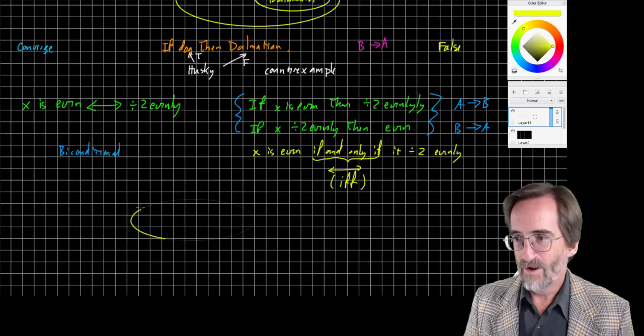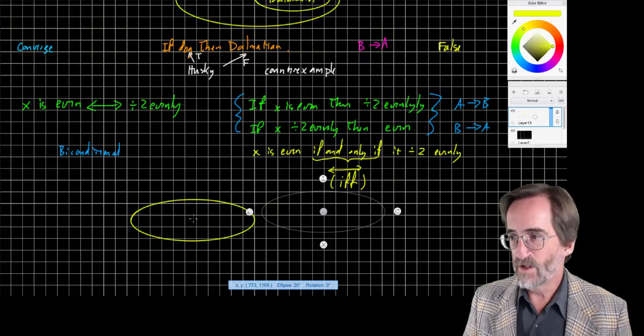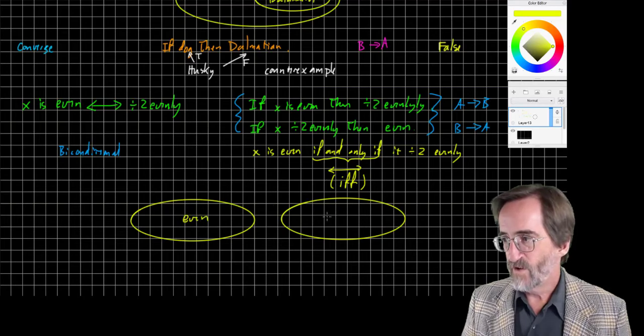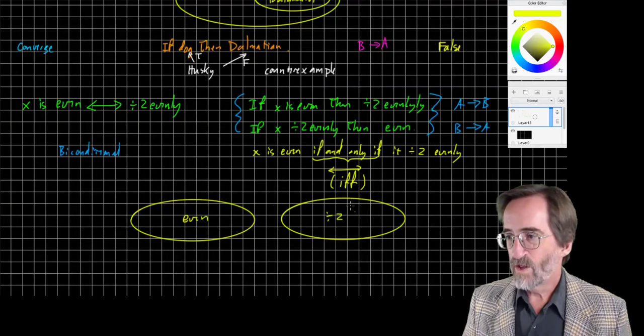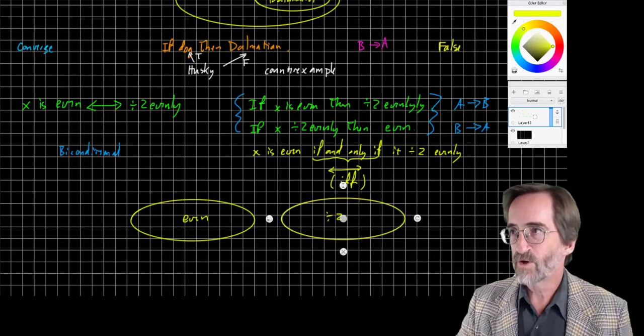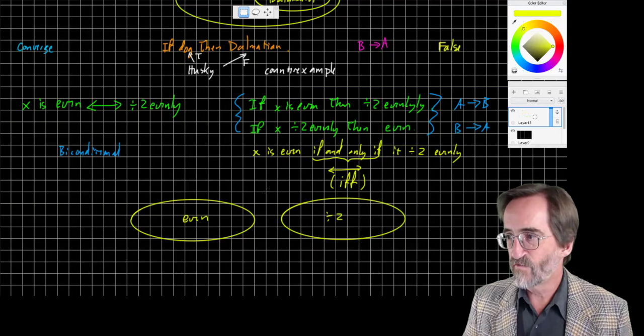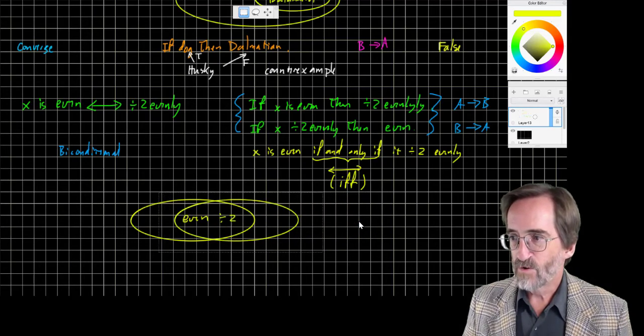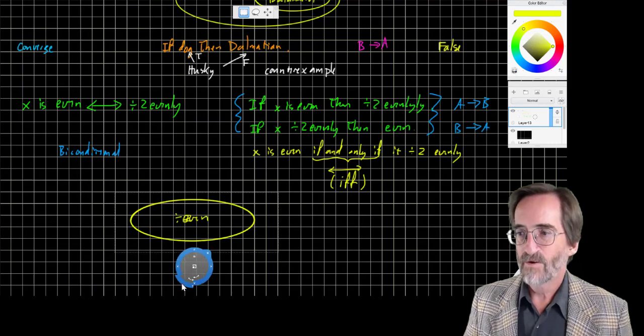All right. So we have all the sets of even numbers, and we have all the set of numbers that divide by 2, right? So even and divide by 2. But the way the Venn diagram works is one is superimposed on the other. They exactly fit into each other. So we can move this over, and they are the same set. They overlap each other perfectly.